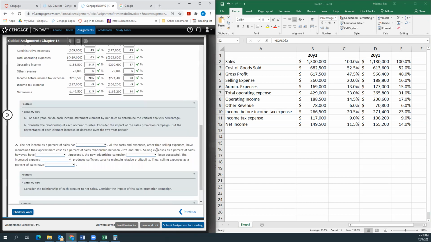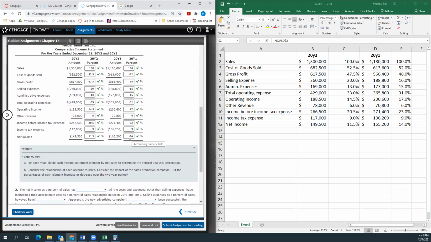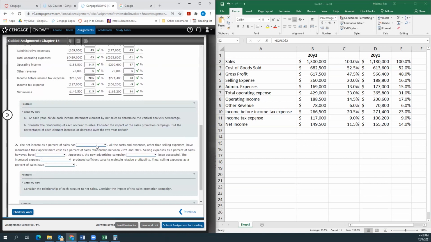So finally, the net income as a percent of sales has decreased. It was 14% in the first year. Now it's 11.5. So it has decreased. All the costs and expenses other than selling expenses have maintained their approximate costs as a percentage of sales relationship between 2001 and 2002.